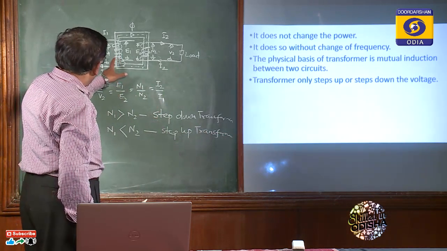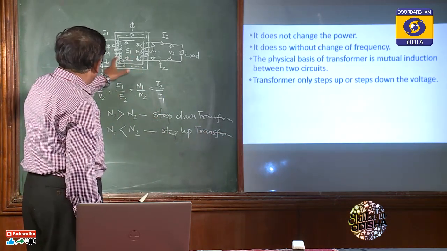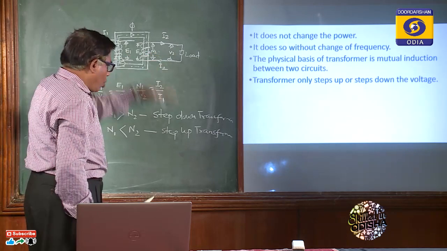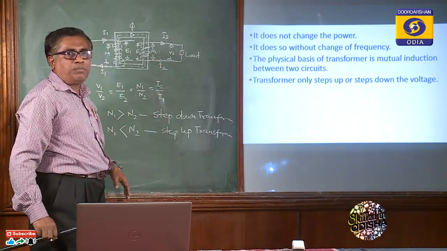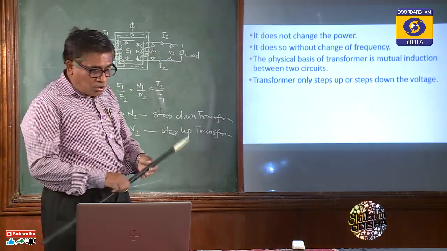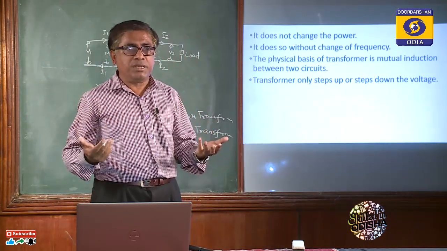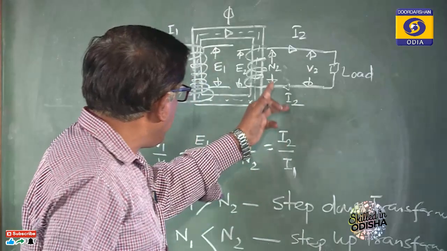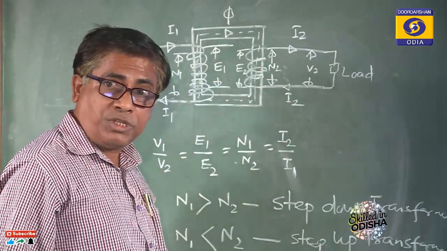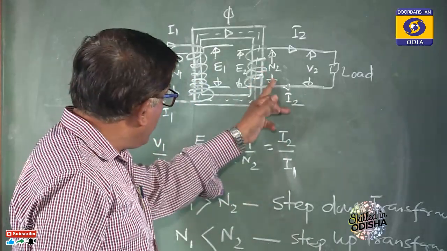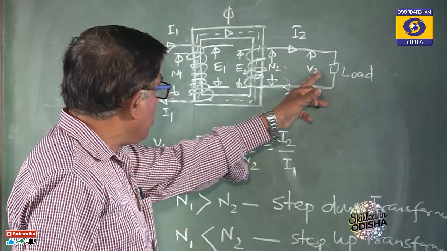So voltage transformation, up and down, takes place on the basis of number of turns. During this process, the current is also changing. If the secondary side voltage increases, the current decreases; if the voltage decreases, the current increases.